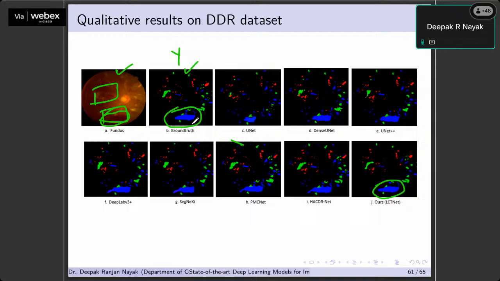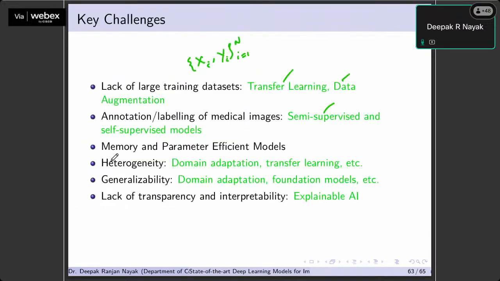So how to do this? It's very, very difficult. So you can also think about designing some efficient models. You can think about exploring the domain adaptation technique to address heterogeneity and generalizability problems. You can think of exploring and adapting foundation models like SAM, which I have shown right now.